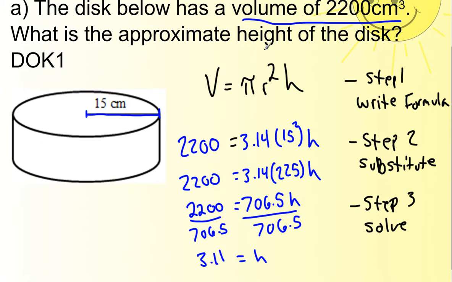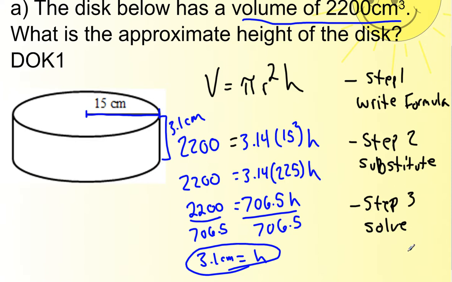So what is the approximate height of the disk? Well, we could say approximately 3.1 centimeters. So if that's 15, this height is approximately 3.1 centimeters.